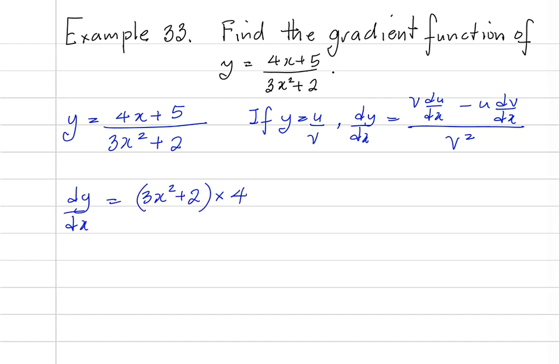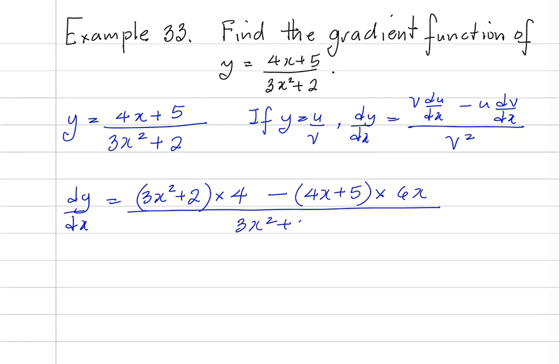If you differentiate 4x plus 5, you're going to get 4, minus the numerator, which is 4x plus 5, multiplied by the differential of the denominator, which is 6x. And you divide all of that by the square of the denominator, which is 3x squared plus 2 all squared.